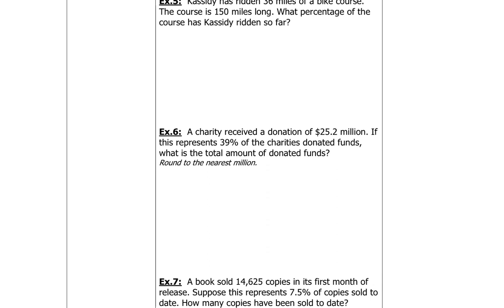Let's go ahead and circle, and then see if you can lay out the percent equation. Remember that the percent equation is always going to be: the part equals the percent over 100 times the whole.